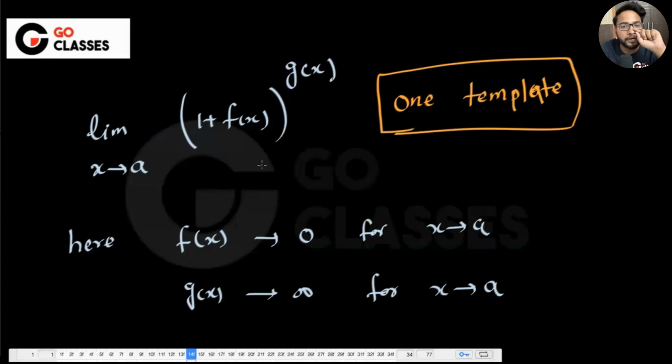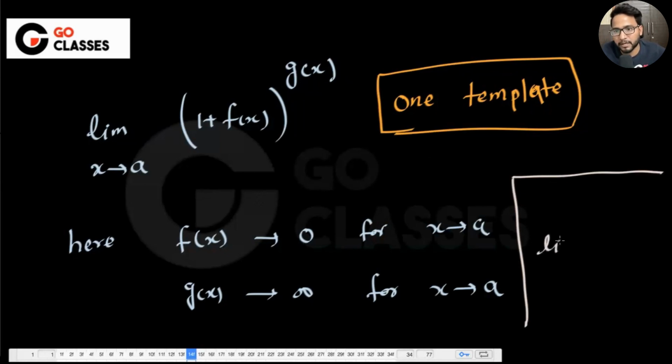So how we can solve it? Okay. Before that, can anybody recall me the direct formula? So what is the direct formula? It is e power... I mean, what you can do, you can just rewrite this. There will be limit x tends to a, that will definitely be there, but you can rewrite this to e power gx into fx into gx.